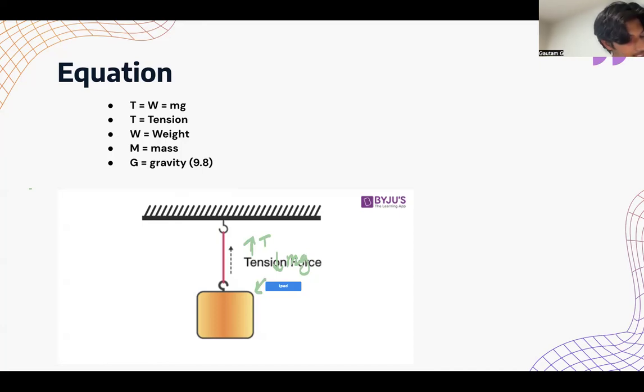Since this block is still, the tension is equal to the mass times gravity, correct? It's not accelerating. Do you guys get this part when I say tension is equal to mass times gravity? Does this make sense? Yes, yeah, okay.